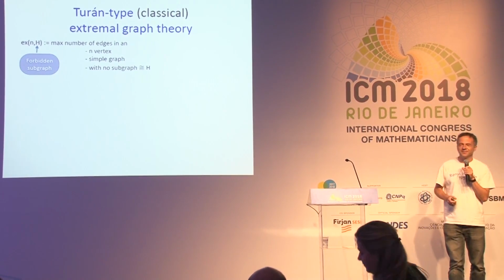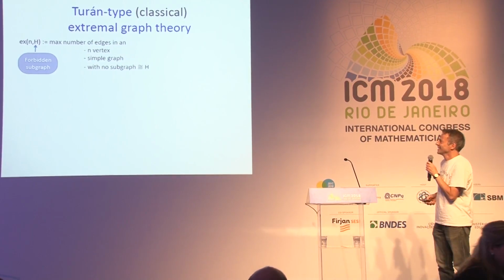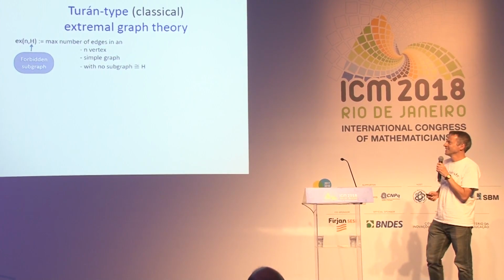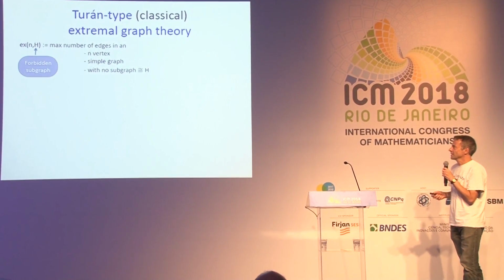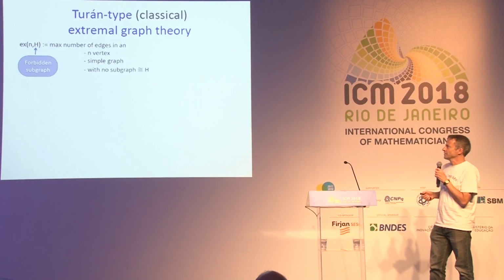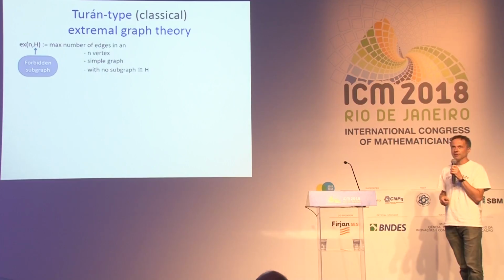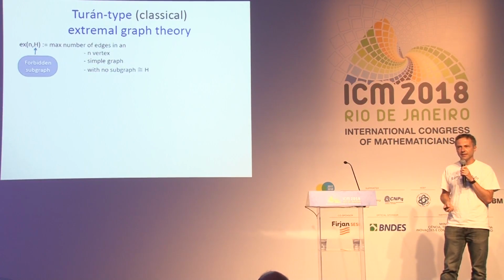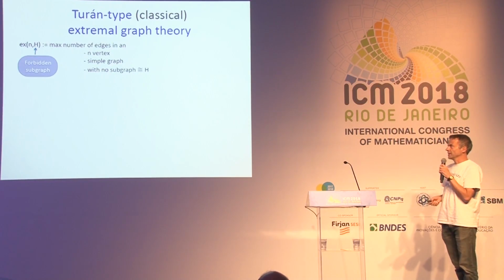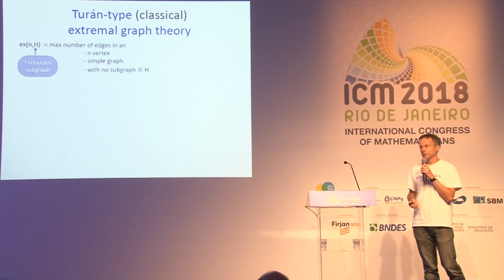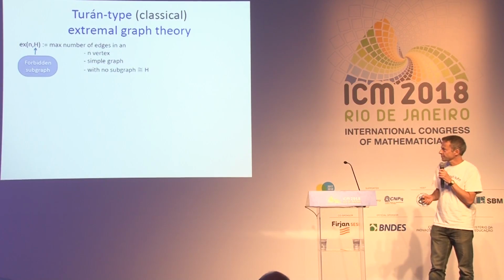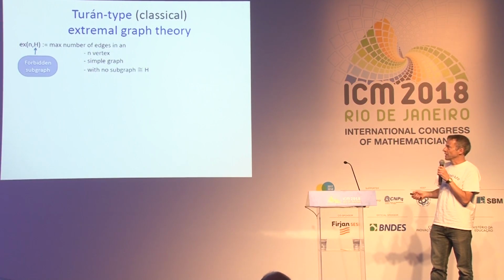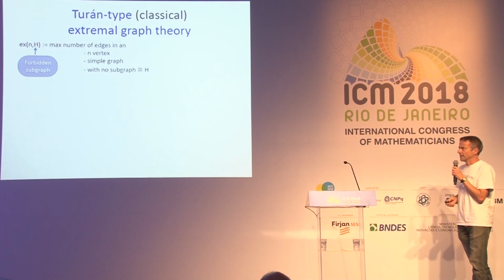Turán-type extremal graph theory deals with the following question. You have H, that's the forbidden graph, and you are looking for a simple graph on a given number of vertices that avoids that graph, meaning that there is no subgraph isomorphic to H in your graph, and you want to maximize the number of edges. That maximum number is denoted here by ex(n, H).